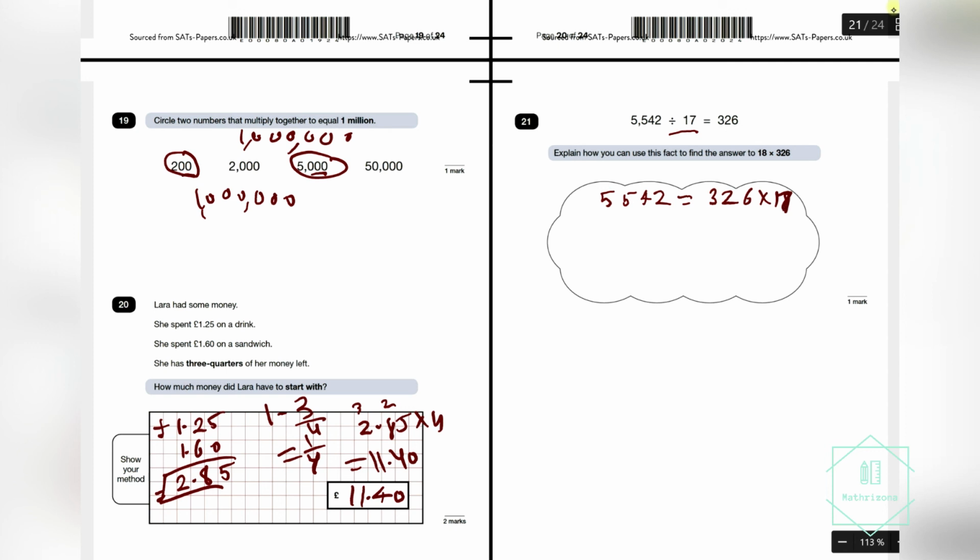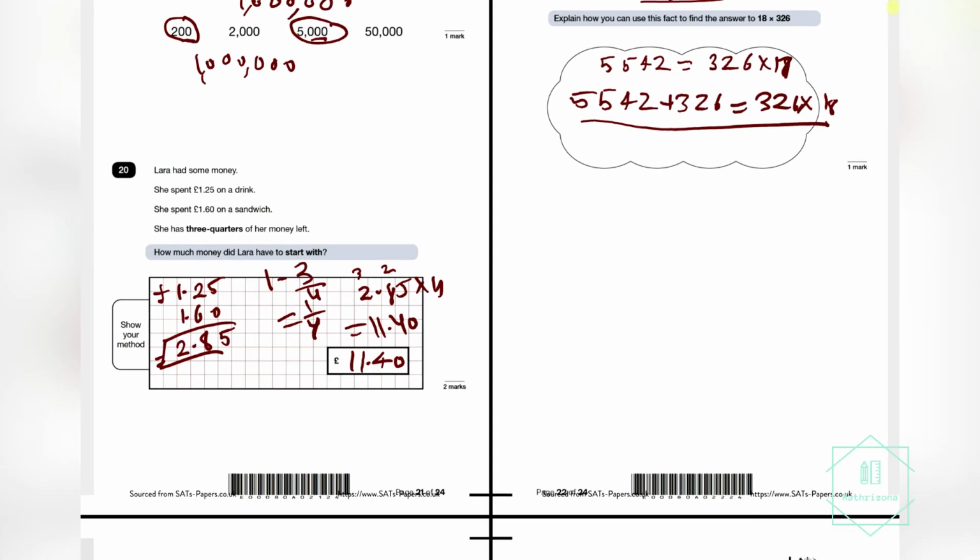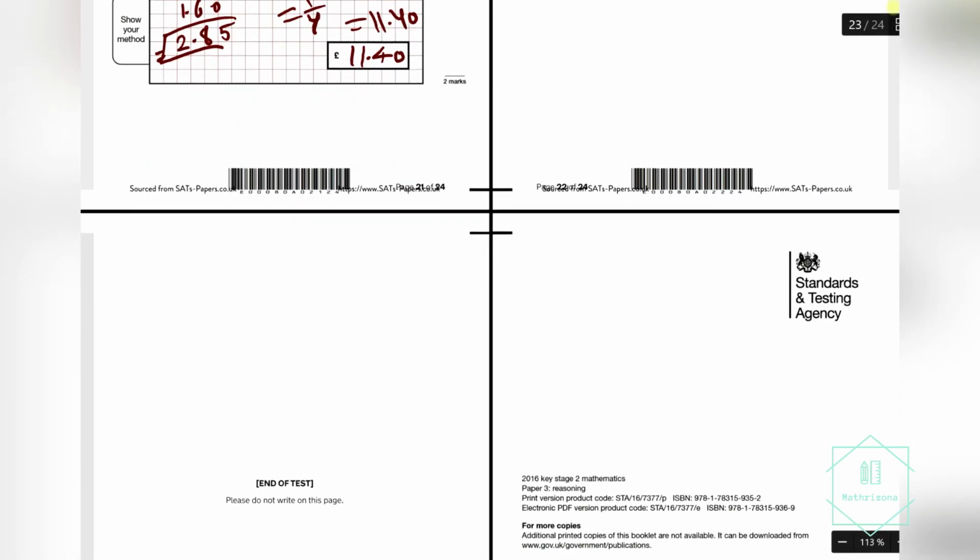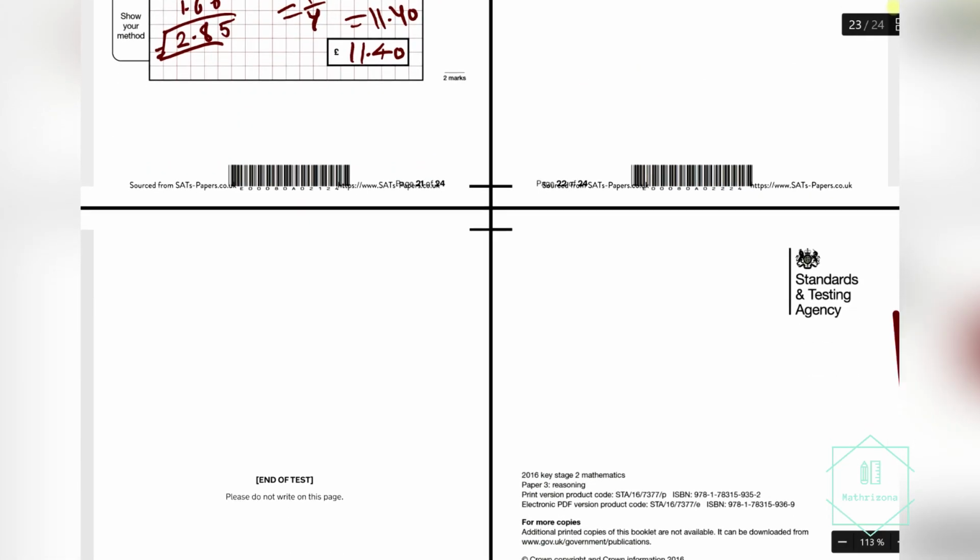That means 5542, if we add one more 326, will be equal to 326 times 17 plus 1, that will be 18. So hence we can use this logic to calculate the value of 18 times 326. Okay, end of test.